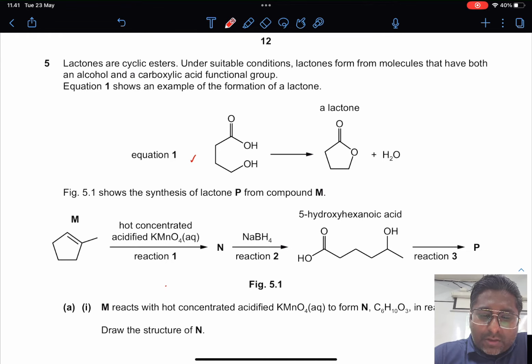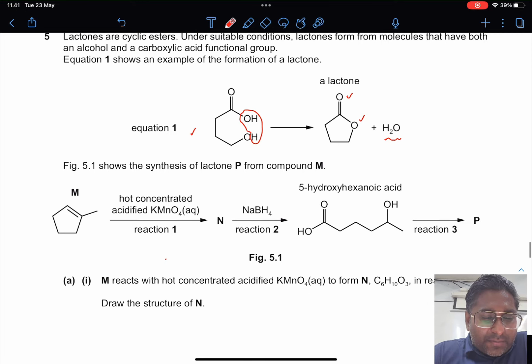If you have alcohol and carboxylic acid, the hydrogen will come from the alcohol, OH will come from the carboxylic acid, so water will be released, and you are going to have this lactone, which has an ester group. Figure 5.1 shows the synthesis of lactone from a compound M.